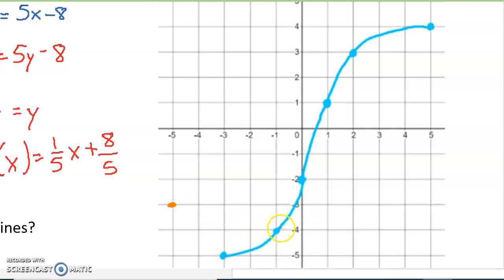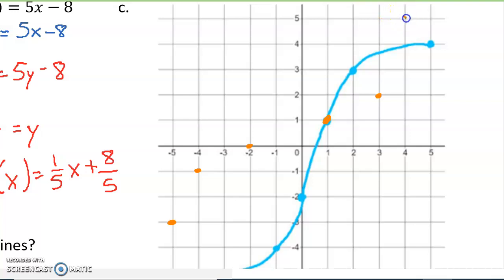The point (-1, -4) is going to invert to (-4, -1), and (0, -2) goes to (-2, 0). (1, 1) doesn't move because the x and the y are the same. And (2, 3) goes to (3, 2). (5, 4) goes to (4, 5).